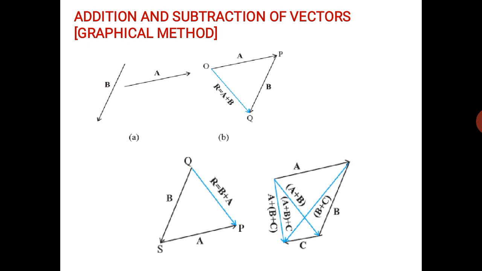Okay. And see one more figure. Here there are three vectors A, B, C. The first vector A is shown in the figure with an arrow, and the second vector starts at the terminal point of A, that is vector B, and the third vector is C. See, in this, the initial point of vector A and the terminal point of vector B, you have to join with the help of one line.